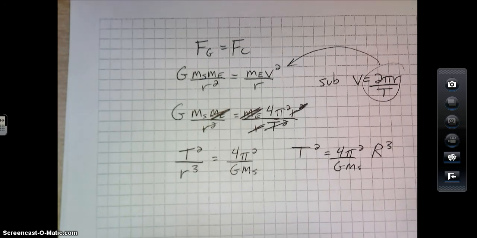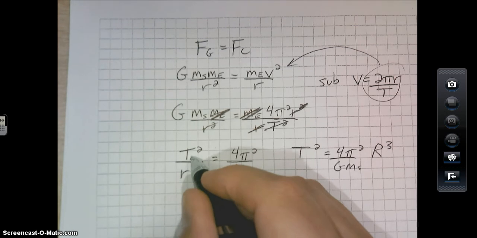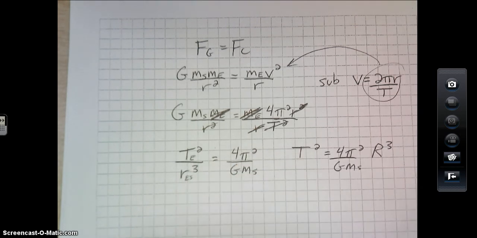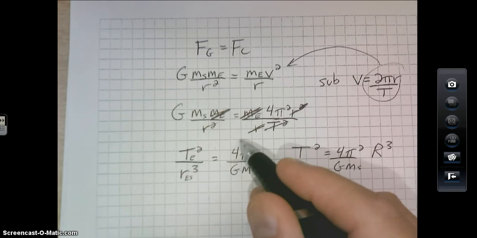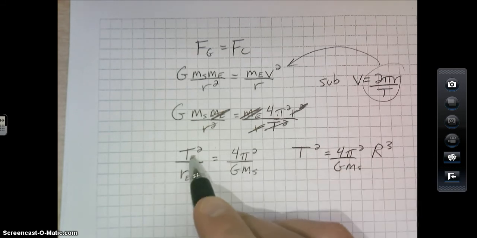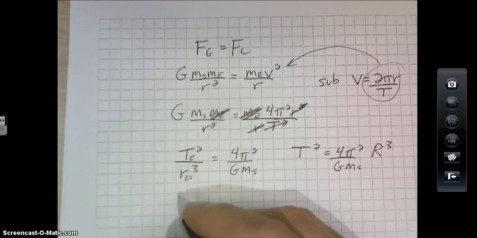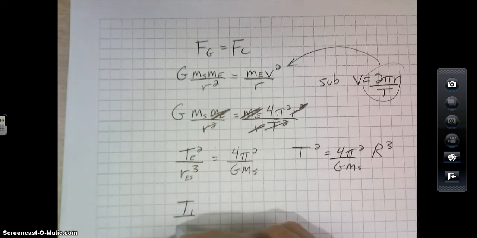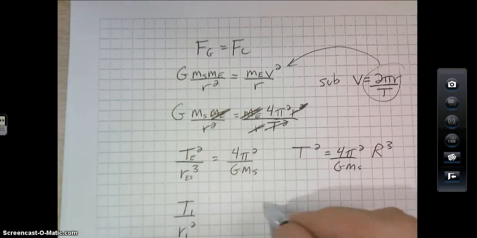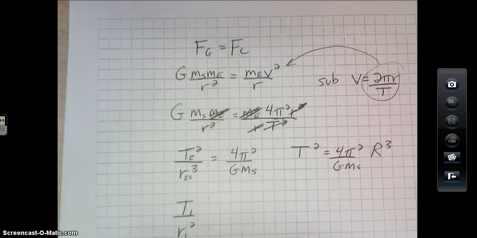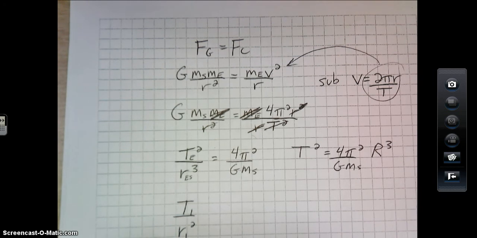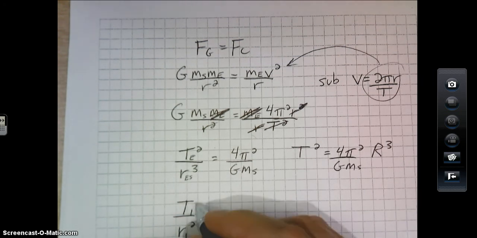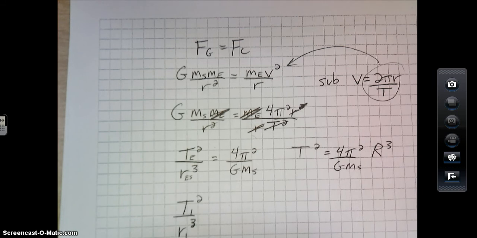Now I did this in terms of the Earth and the sun. You could do it really in terms of anything. Because that is true, this could be the period of the Earth and the radius between the Earth and the Sun. But this is a constant value for any object orbiting the Sun. So technically, if this was just one object, period 1 over radius 1 cubed, and I had another object that had the same relationship, period 2 over r2 cubed.